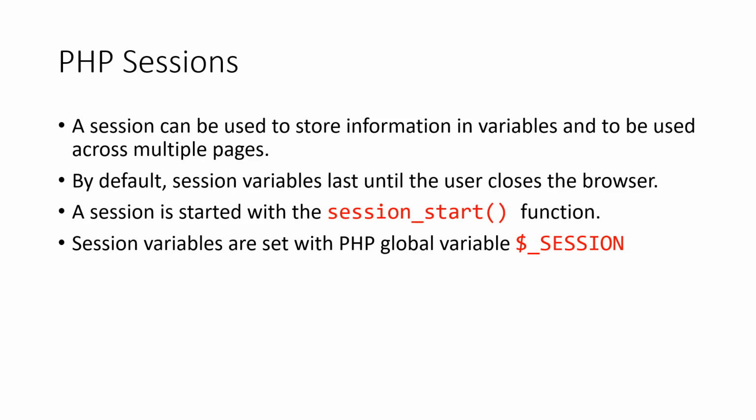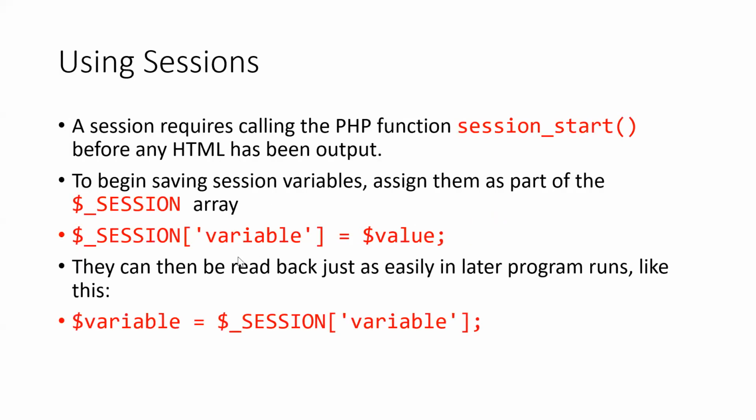Usually we start creating a session with the session start function, and the values that we are going to set can be taken from underscore session. Once you create the session start, the values that you want to use within the session go inside the session array.